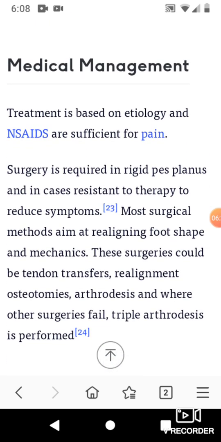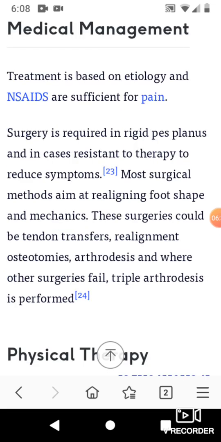In medical management, non-steroidal anti-inflammatory drugs are sufficient for pain, and surgery is required in rigid pes planus.